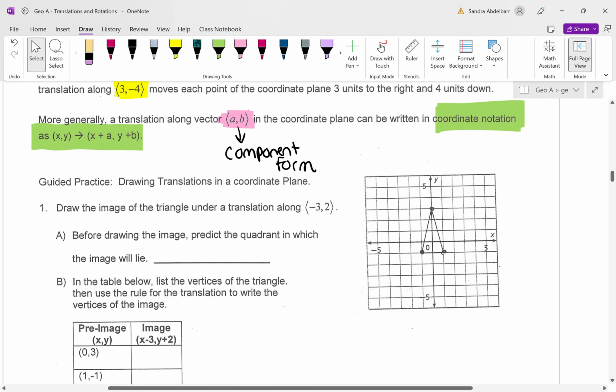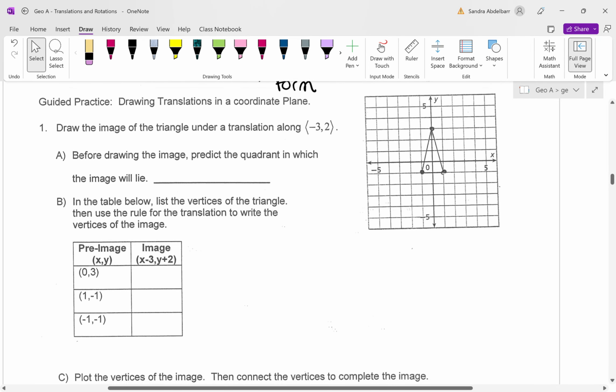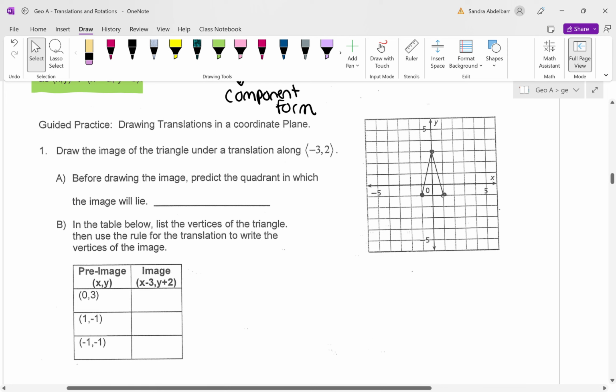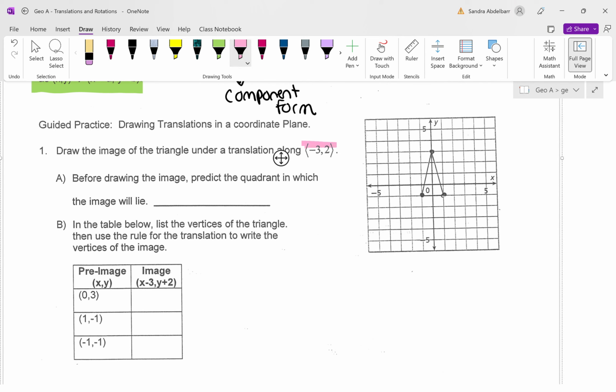All right, let's translate using component form. So it says, draw the image of the triangle under the translation ⟨-3, 2⟩. So what I'm going to do is take every point in my triangle and translate it along this vector. So when I translate it along this vector, every single point is going to move 3 units to the left and 2 units up.